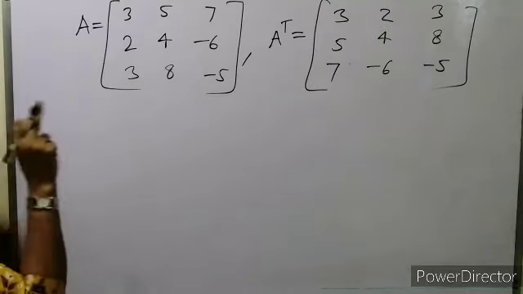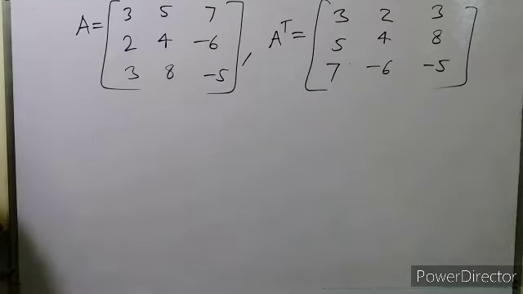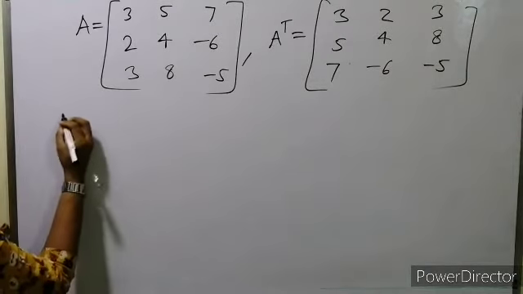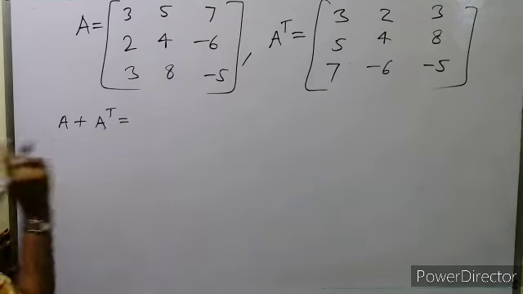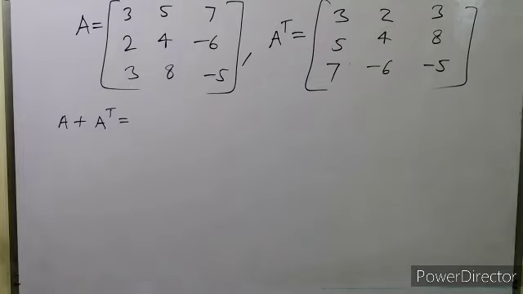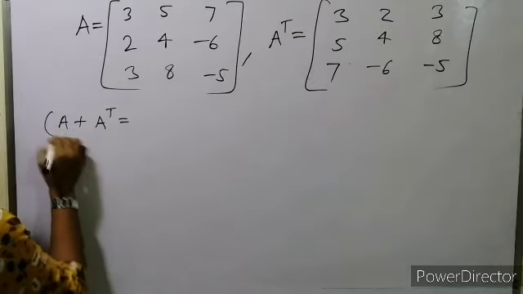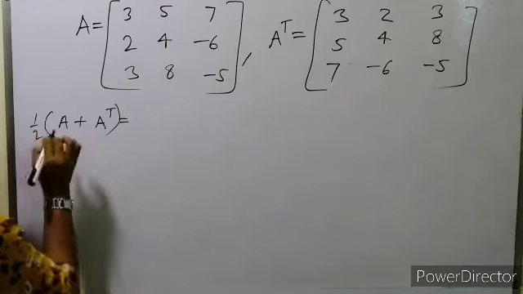Now we have to convert this matrix into a symmetric matrix. So what we'll do? We'll take A plus A transpose and then divide this by 2.